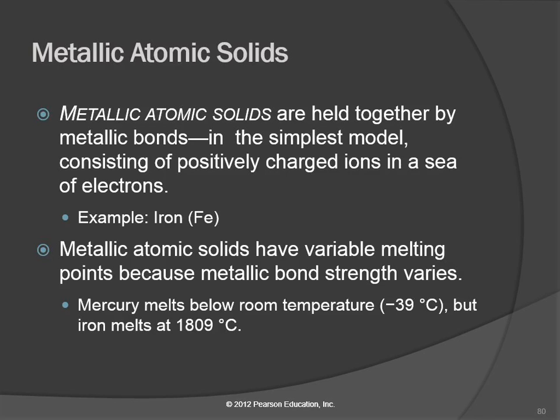The simplest way to think of it is that we have positively charged ions, and we know that metals tend to form positive ions. But now instead of giving their electrons to a nonmetal and forming ions that are attracted to each other, these electrons are just kind of floating around the cations, and it makes a sea of electrons.